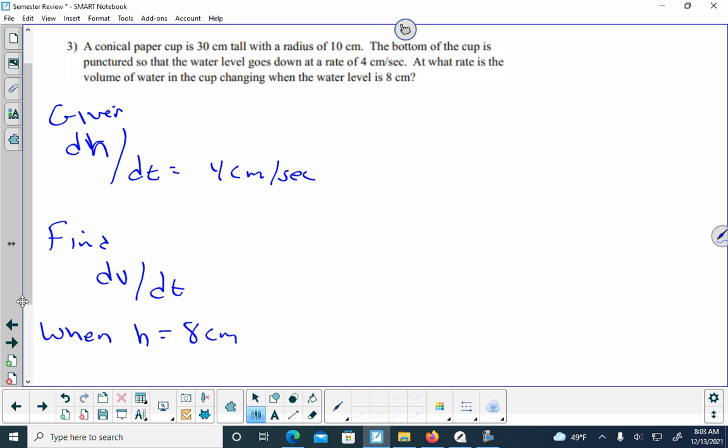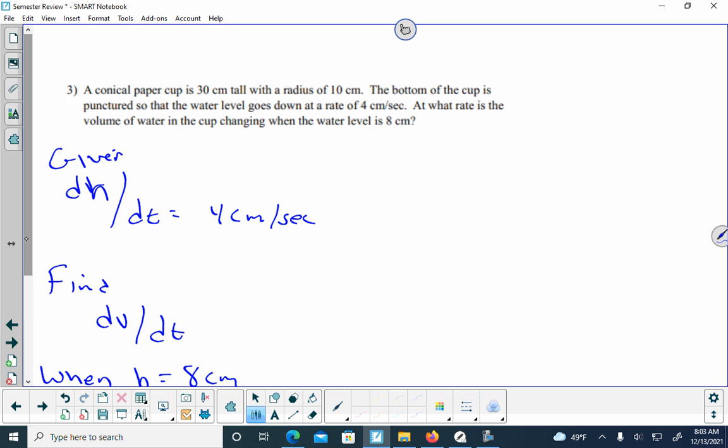So when I think of this cone, the volume for a cone, I should write that first. The volume for a cone is going to be 1/3 pi r squared h. So this is one of the cases where I have those two variables. But if I go to my picture, and here's the cone, I did not draw a cone, my bad.